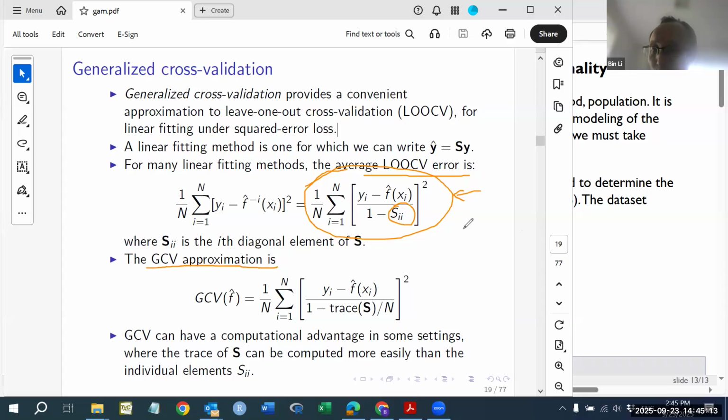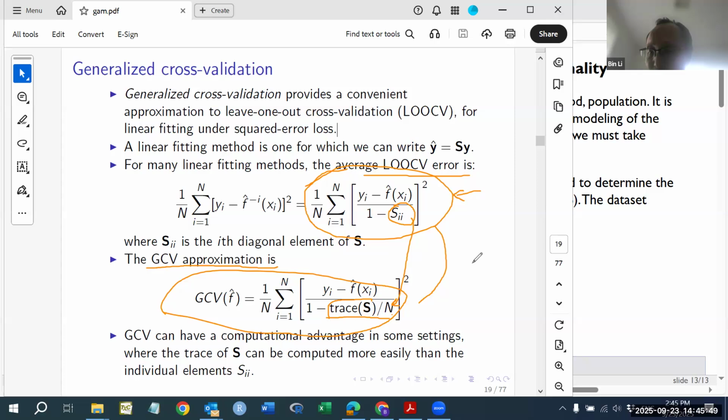This approximates the value by replacing S_ii, the ith diagonal element, by the average of the diagonal elements, using the trace divided by n. Just replace S_ii by this term. Why? Because this can be even faster in computation for the GCV. So that is the most computationally efficient way to find the cross-validation results.